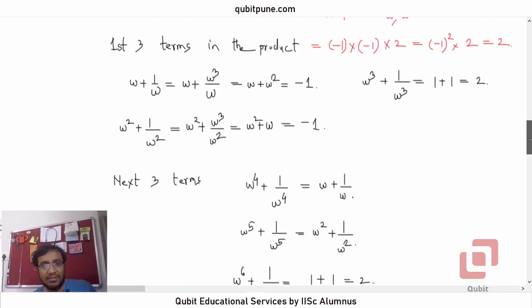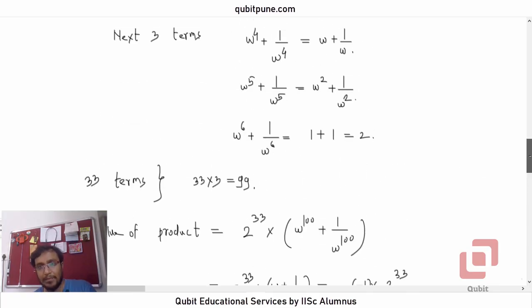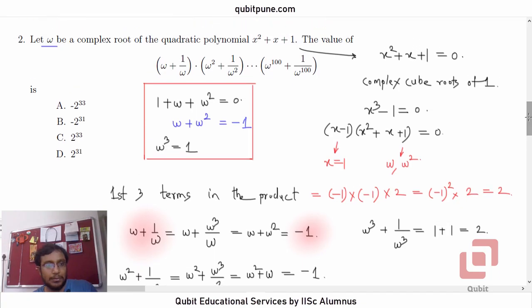Omega plus 1 upon omega is negative 1. Just put it here. So that will be negative 1 into 2 to the power 33, that is option A. So question 2, option A.